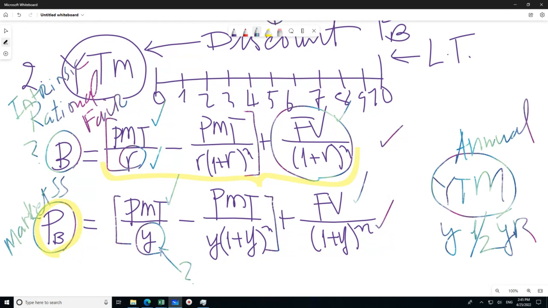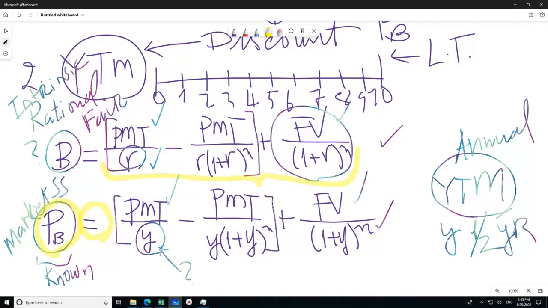Now think about it. When the left-hand side of the equation is given, right? This is known, and payment is known, face value is known, N is known. Then there can be only one unknown. This number must be the number that will make the right-hand side of the equation equal to the left-hand side of the equation.